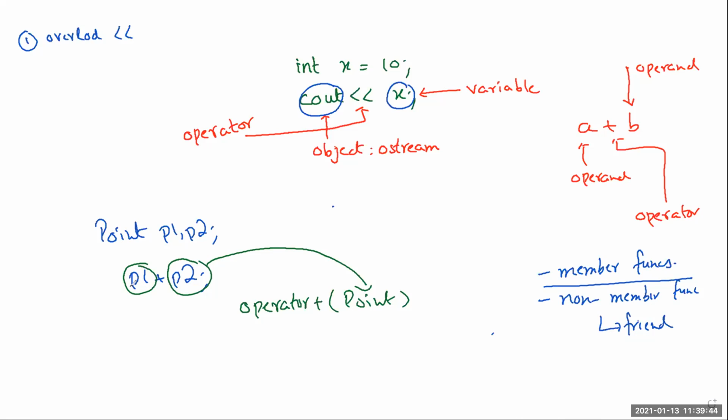If you remember, this is from operator overloading. So I'm just giving you a recap that when you are doing operator overloading using a member function, whatever argument or operand you have on the right side, it goes as an argument to the function. In this case, for example, P2 is passed as an input to the function. And whatever is on the left side, the function is called for that object, right?